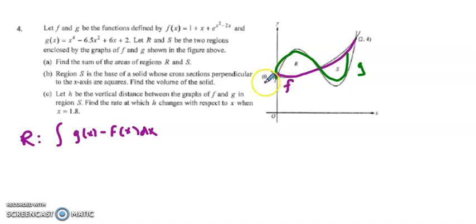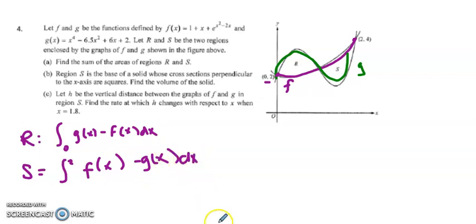We know that this point is (0, 2) because they told us. So I need to find this upper limit of integration. Separately, the region S is going to be from that same limit of integration through x equals 2. This one is going to be f of x minus g of x.